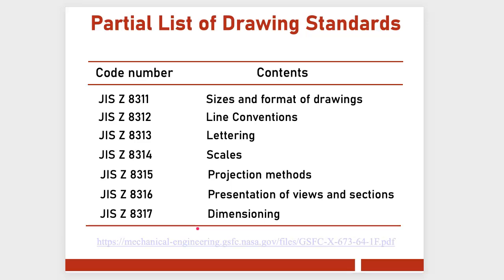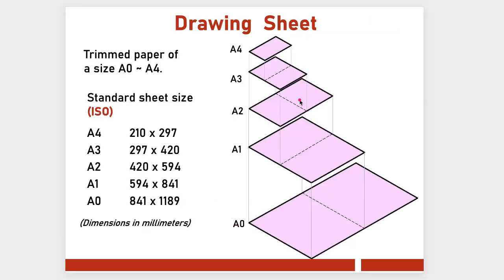For Japan standards, they have codes to represent what is what. For example, JIS standard Z8311 tells us the size and format of drawings. If you Google that, you will find out the standards for sizes and format of drawings. And Z8312 tells you the standards for line conventions under the Japanese standards. And then this is the drawing sheet.